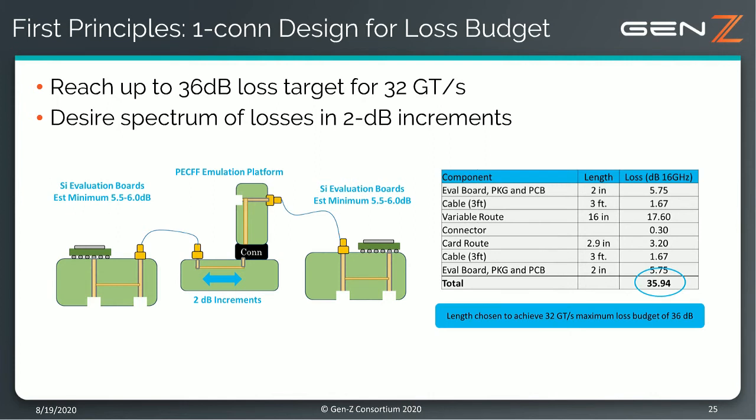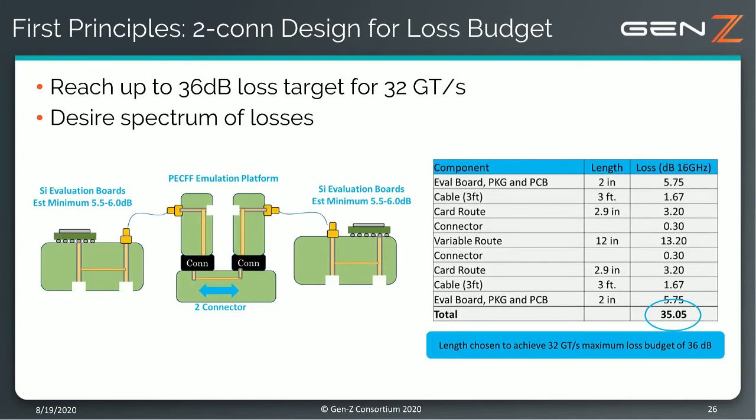The other thing we'd like to see is a spectrum of losses available to different connectors on the board that we might test our silicon equalizers or other components when the channels are not at their maximums. So we target about a 2 dB increment below the 36 dB mark to give us that spectrum of loss. So that was our approach. We did it for one connector design.